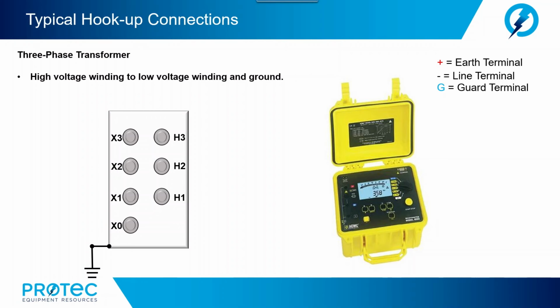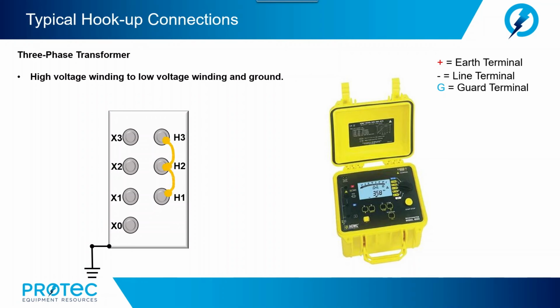The first one we'll look at is high voltage winding to low voltage winding and ground. In essence, we're going to measure the leakage current going from the high voltage windings to the low voltage windings and the leakage current flowing to ground, or to the chassis or frame tank of the transformer.